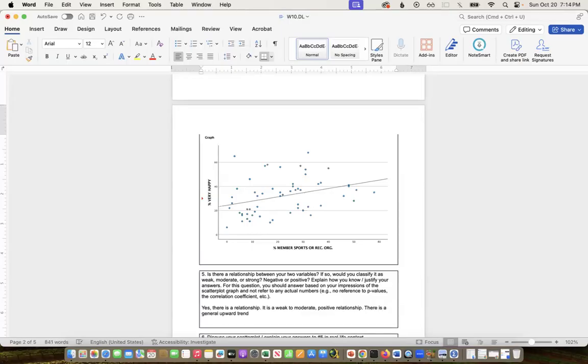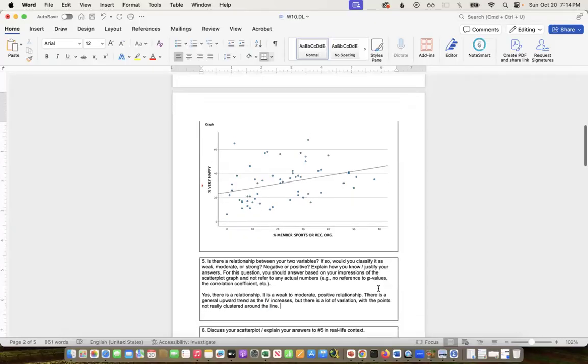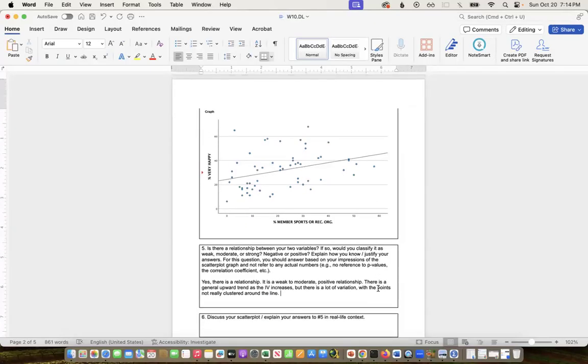Well, that's for it being positive as the independent variable increases. But there is a lot of variation with the points not really clustered around the line. Okay, so that's kind of how I knew that. And then that's the end of that one.